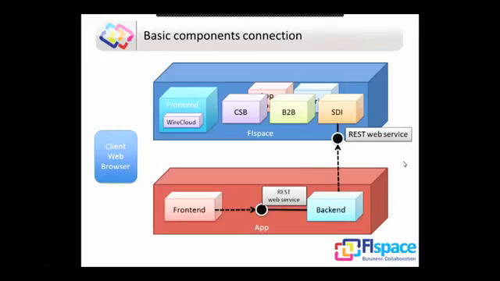We are assuming that our backend is only, in this case, imagine sending notifications so other applications connected to FISpace can receive them. And the next thing, we deploy our front end as a widget into the FISpace front end. And after that, our application is available in any client web browser connected to FISpace. All right.